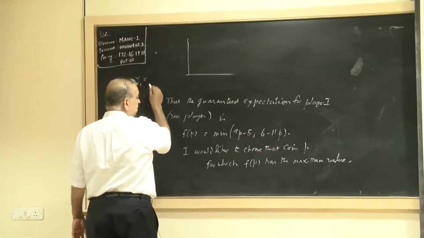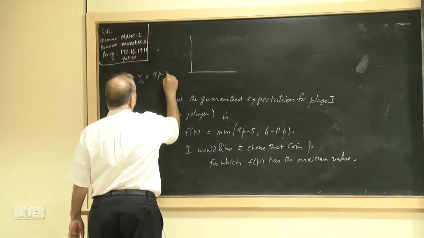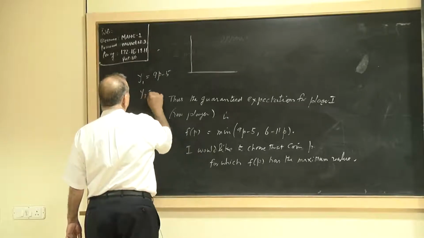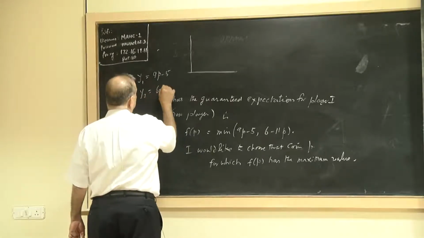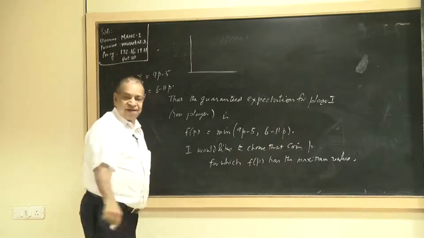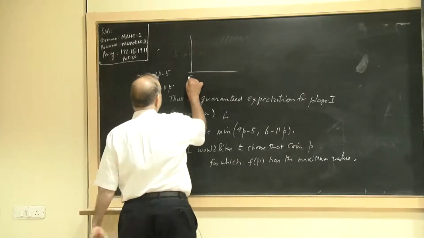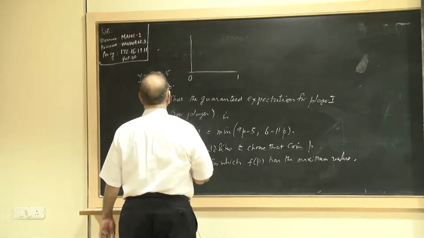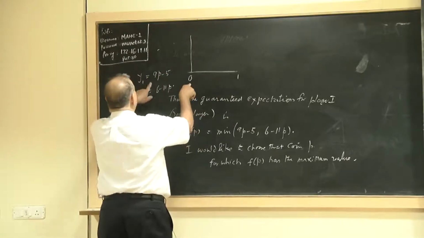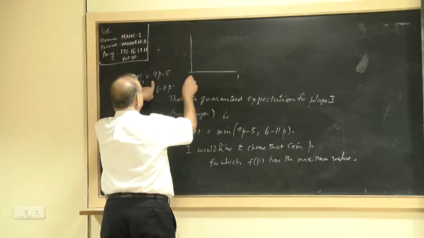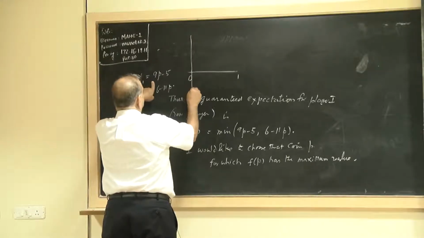y1 equals 9p minus 5, y2 equals 6 minus 11p. I have two functions. Okay? p is always between 0 and 1. When I put p equals 0 in y1, it becomes minus 5.